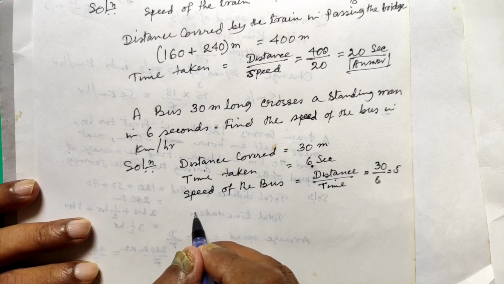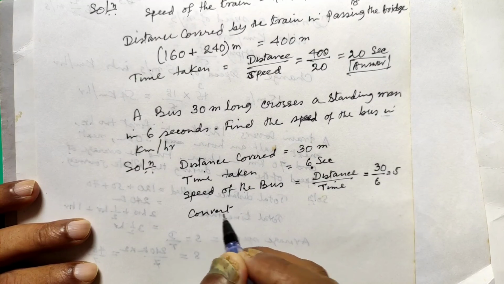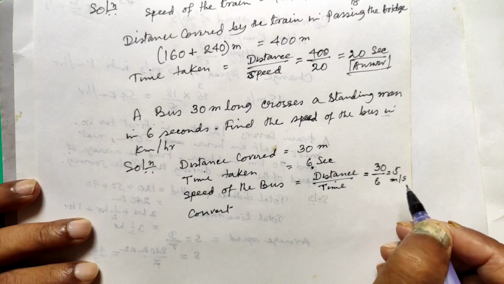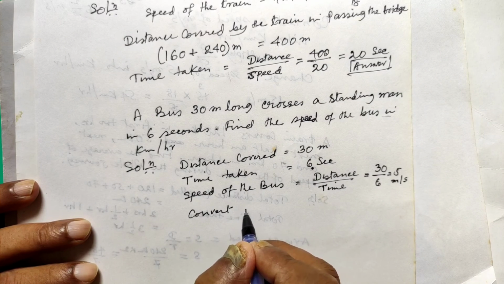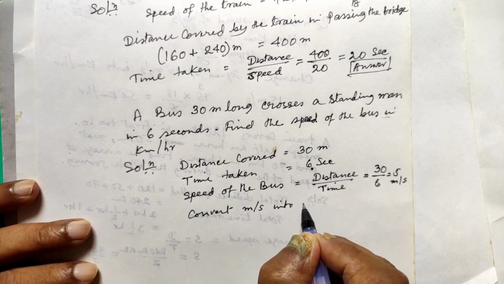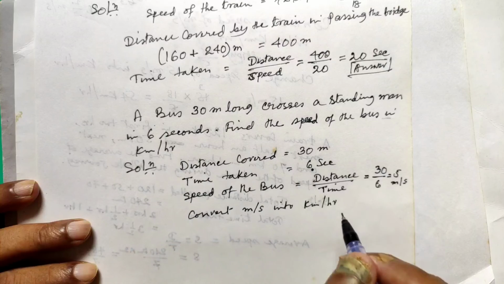But again, when we convert 5 meter per second, convert meter per second into kilometer per hour, because our question asks kilometer per hour.